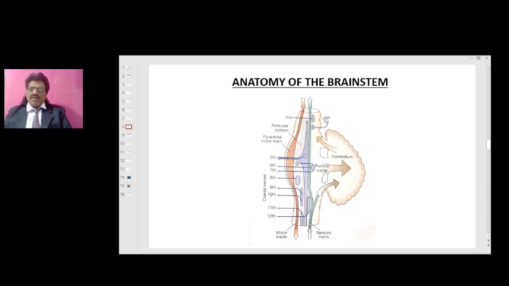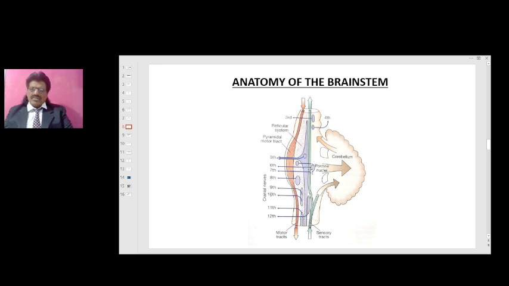These are the sensory tracts. The important structures present in the midbrain are the third and fourth cranial nerves, and then we have a lot of reticular system here. This is the pyramidal tract, the motor tract. These are sensory tracts. In the pons, we have the important cranial nerves 5, 6, 7 and 8. We have 5, and 7 going and encircling the 6th nerve nucleus.